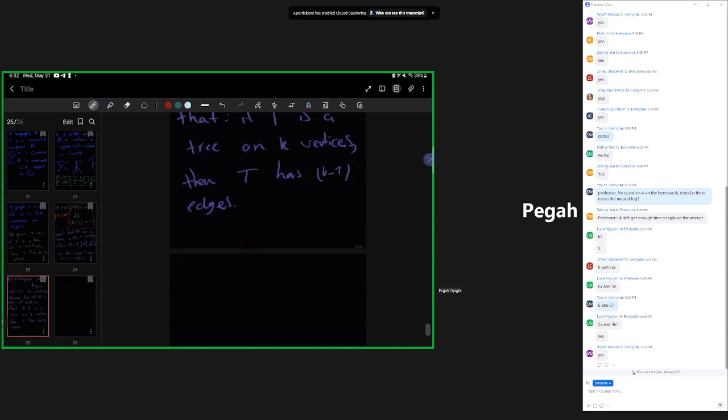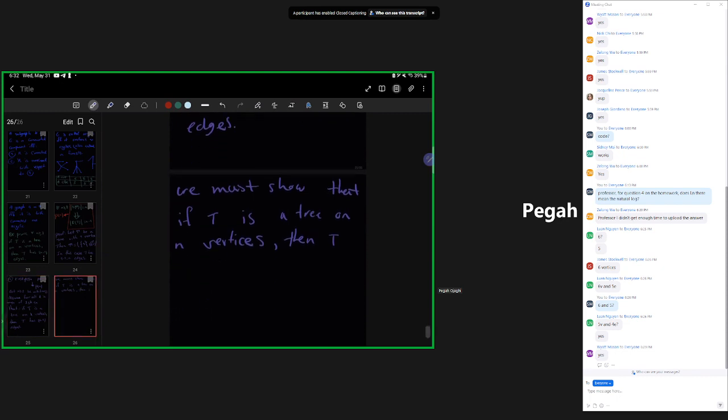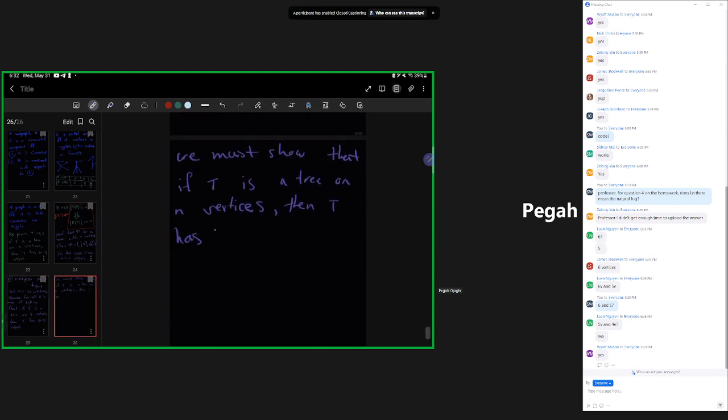What we must show is that if T is a tree on n vertices, then T has n minus 1 edges. So that's the thing: if it holds for k, it's gonna hold for this one.